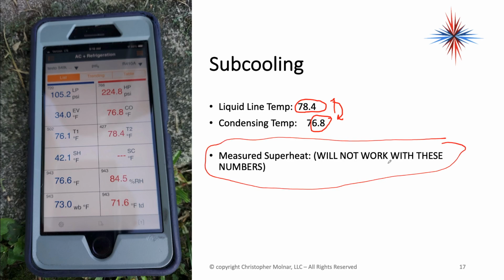Okay, there's a serious problem in this system. So we know superheat was high, subcooling is very low, and my condensing temp is way off as well over the outside air. Okay, it was 6 degrees off.